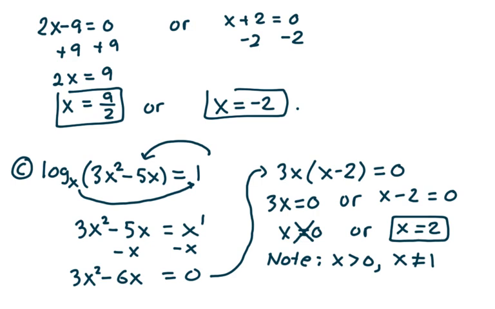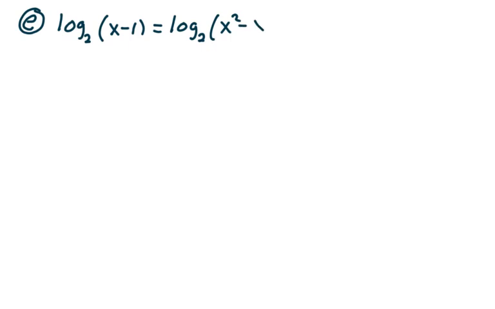Let's take a look at E. So on E, we have log base 2 of x minus 1 on the left side. On the right side, we get log base 2 of x squared minus x minus 16. Remember, the logarithm is a one-to-one function.